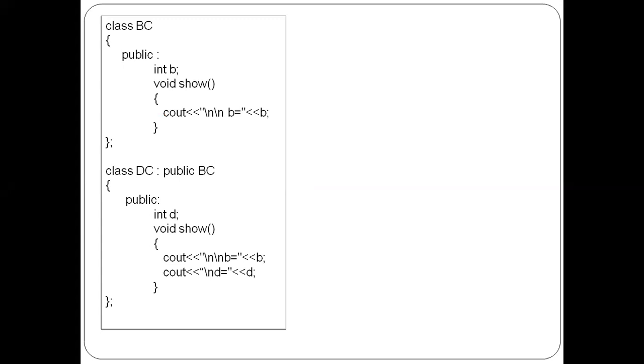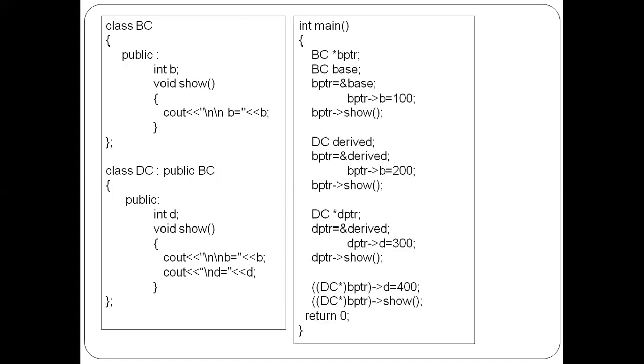In the derived class DC, we are going to inherit all the properties from the base class. We are using one member variable, integer d, and the same function void show inside the derived class. So how are we going to provide the calls? These are the different calls which we are going to provide.